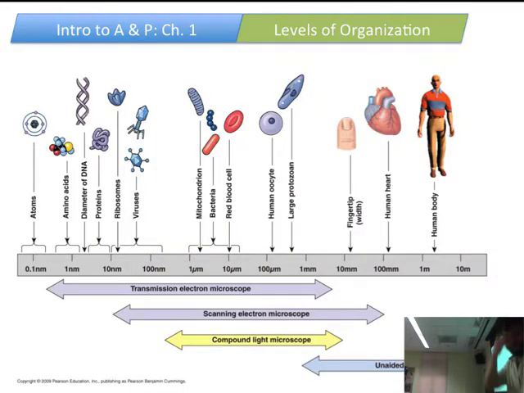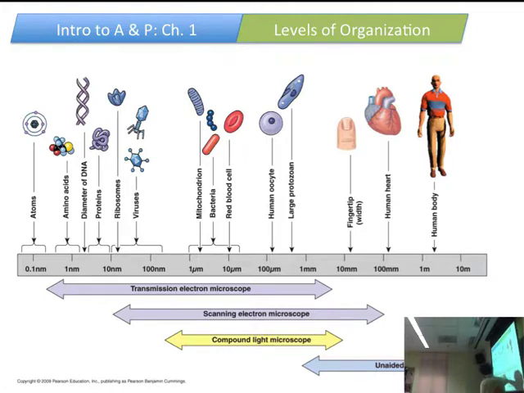Okay, so here's that same size continuum, so you can get a sense of the real scale, down from 0.1 nanometers, which is 10 to the negative 10th meters, all the way up to meter scale. And these are the ways we have of probing these structures.